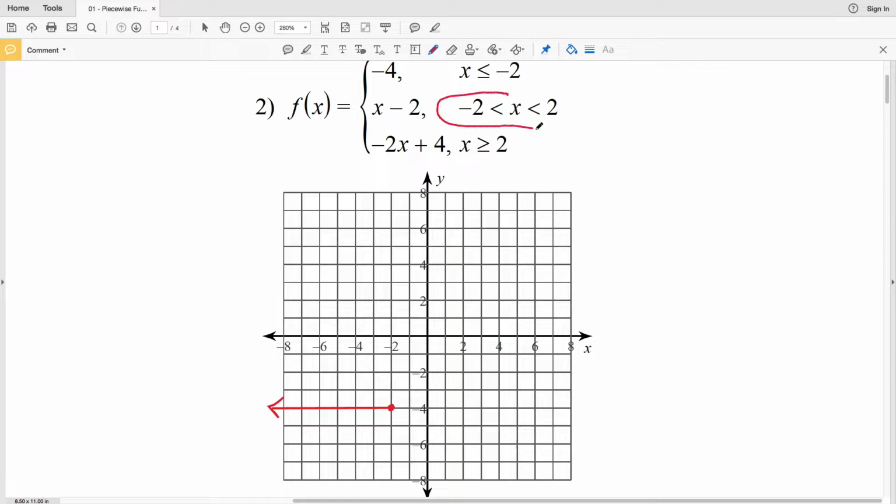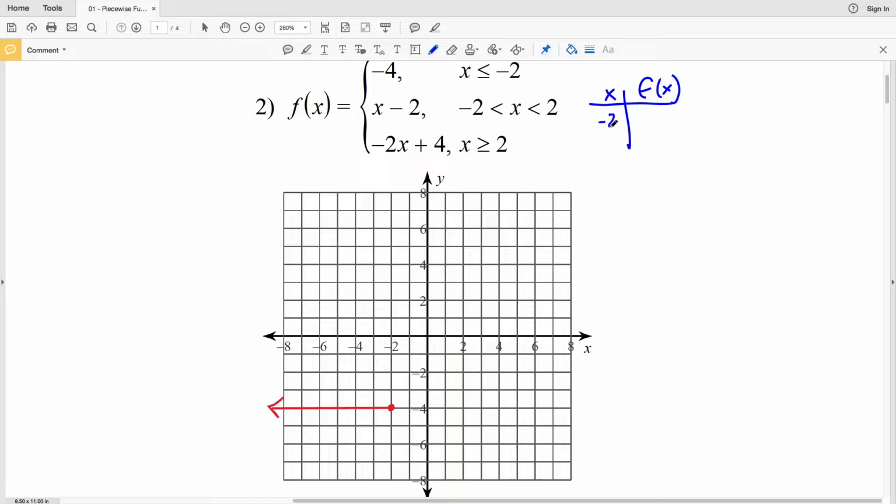For values negative 2 to positive 2, our equation is equal to x minus 2. So I'll do a quick t-table with x and y values, or x and f of x values, plugging in the endpoints that are not going to be included, which is shown because it's not less than or equal to.